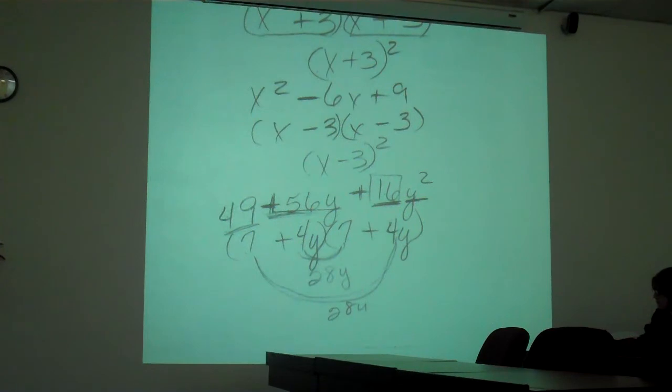Okay? So when you're looking at a problem like this, let me show you what the definition for a trinomial square is.